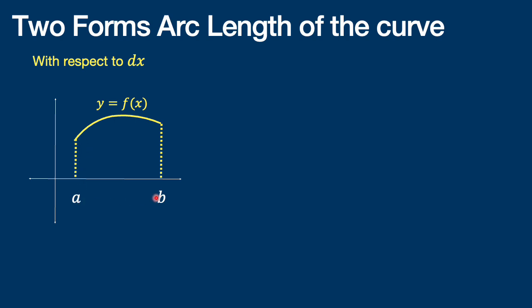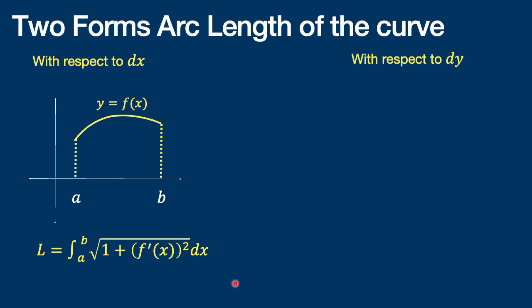Then we use this integral formula right here: the integral from a to b of the square root of 1 plus f prime of x squared dx. This one is the integral with respect to dx. But if the curve is written as x equals g of y, then we have to use the integral with respect to dy.